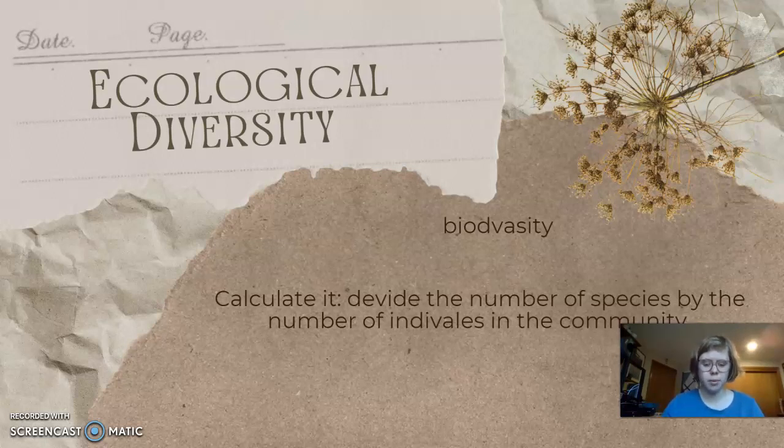So for example, back to the trees, if we have 4 different types of trees and there are a total of 10 trees, we would do 4 divided by 10. And yes, I understand that gives you a decimal, but you're trying to figure out how diverse the community is and how much of all of those species is a certain type of tree.